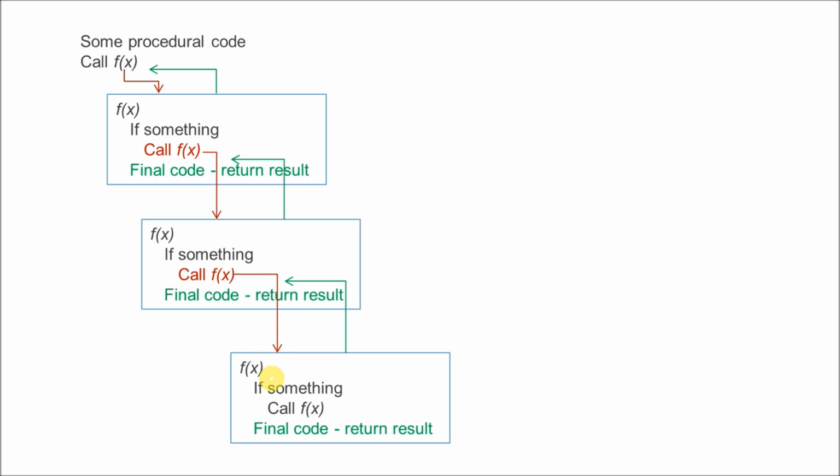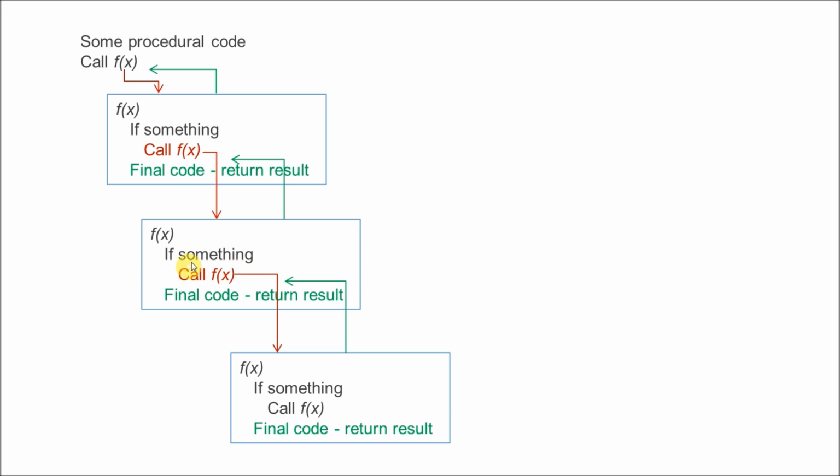At some point, though, it will get down to some base level or some condition where it doesn't need to call itself again, and that particular function call will then execute whatever code it has at the very end and either return its result to the calling function or return control to the calling function. And then this loop, if it's a loop, may continue on through the loop.